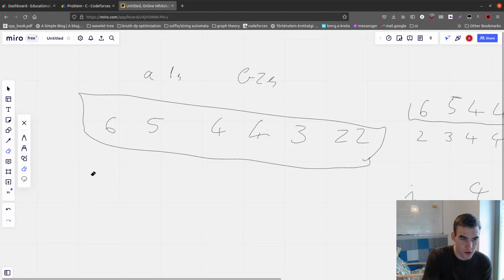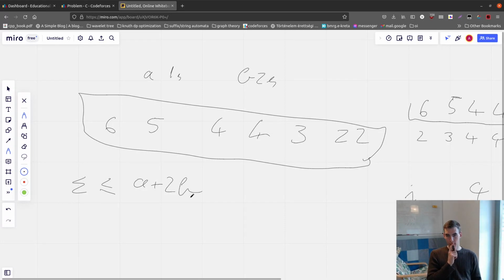If their sum is smaller than or equal to a plus 2b, can I always solve it? First I try to use up as many 2's as I can, and then I think I can do this greedily actually. I'll use up as many 2's as I can, and then I see if I can finish off with the 1's.